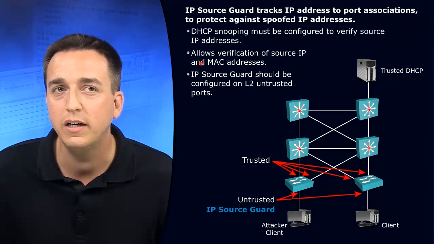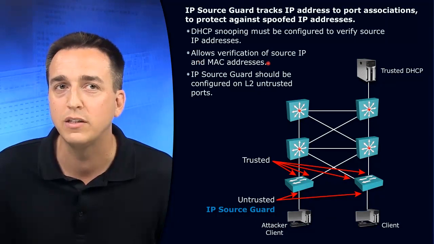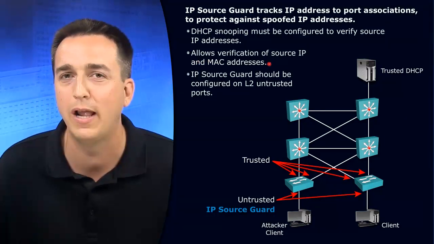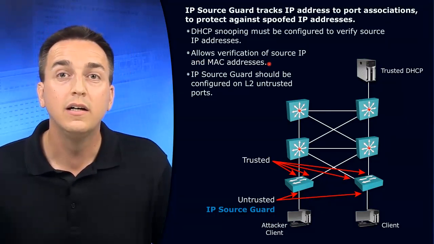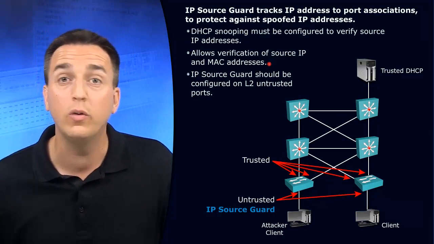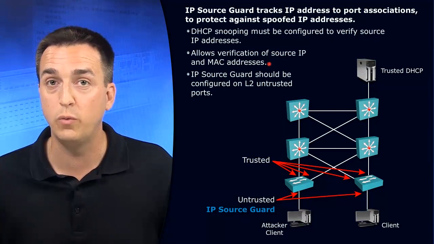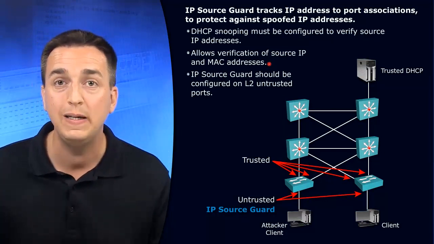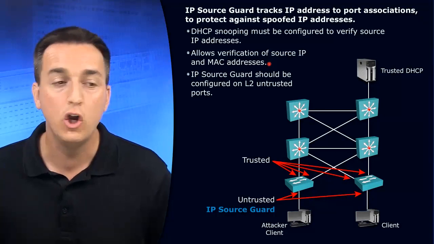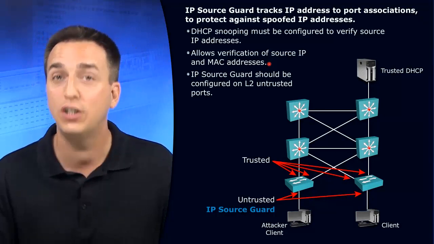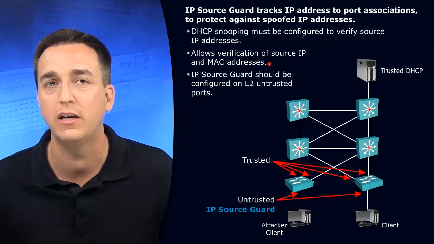Now notice here, it said MAC addresses as well. Allows the verification of IP and MAC. And I skipped MAC when I was talking about it because this MAC address feature only works if port security is enabled as well. So if you want to verify based on IP and MAC addresses, you need DHCP snooping enabled plus port security enabled as well on that specific interface.